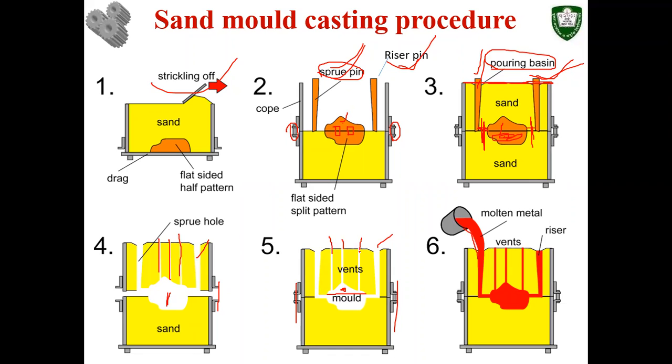These are called vents. Using a very thin steel rod, we produce vents. On this, the third step, we need to produce some vents using steel wire, so that the extra air trapped in here during pouring of molten metal can get out this way.